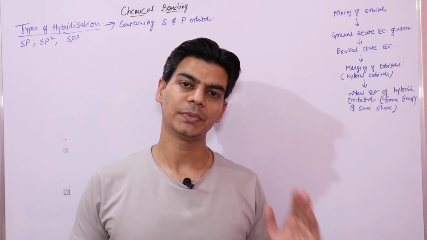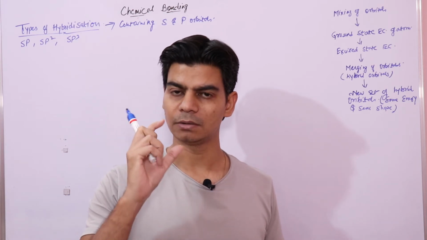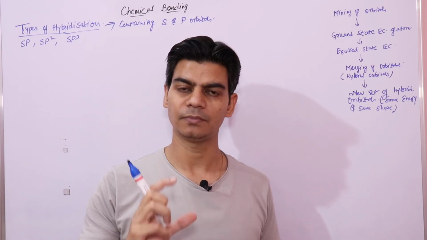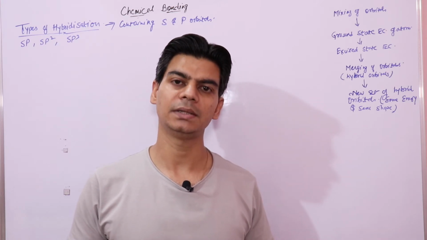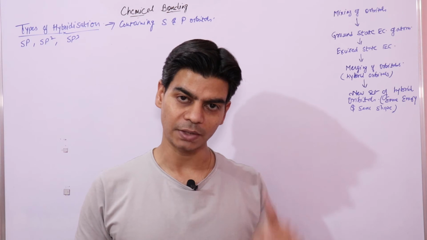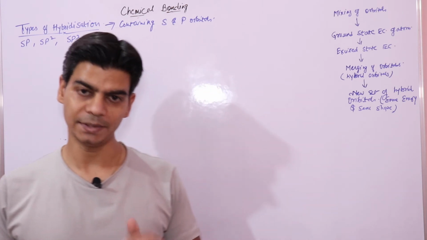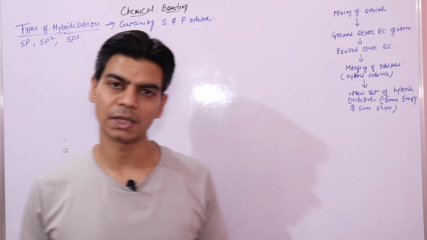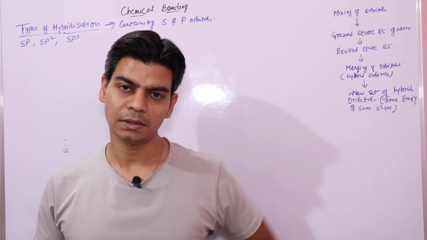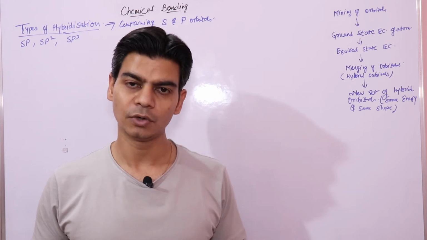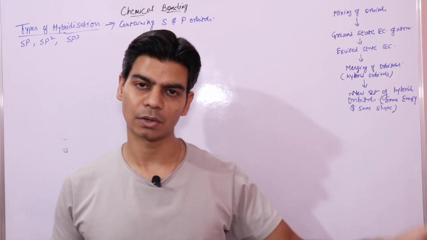For example, in ammonia, even the completely filled orbital, which is 2s2, also takes part in the hybridization of the nitrogen atom when nitrogen undergoes hybridization during the formation of ammonia. And that filled orbital would be shown as a lone pair of electrons.